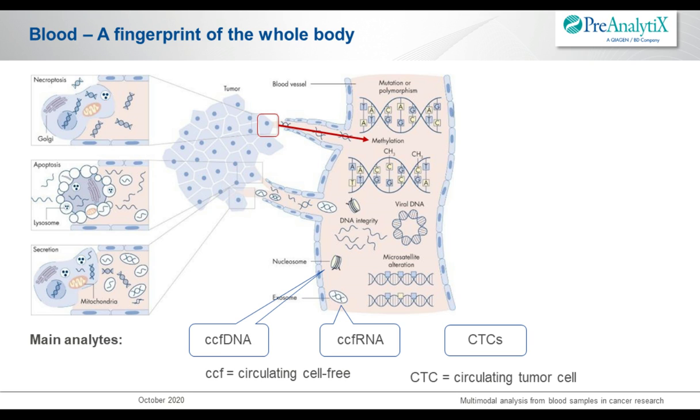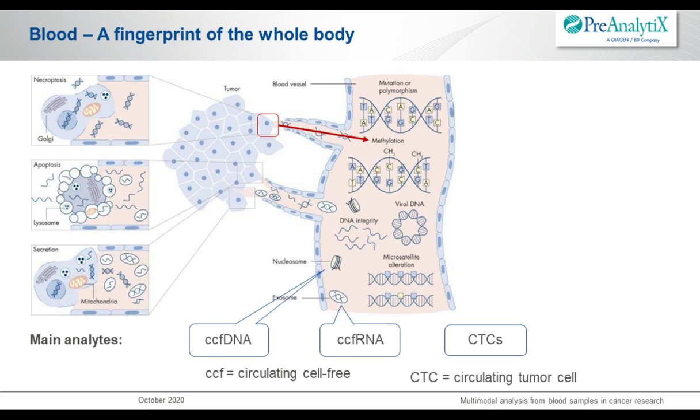And during this regulated cell death, you get this regulated process of degrading genomic DNA as well as the rest of the cell. And via this, you get defined fragments of the genomic DNA, the so-called nucleosomal fragments from the cell released into the blood.